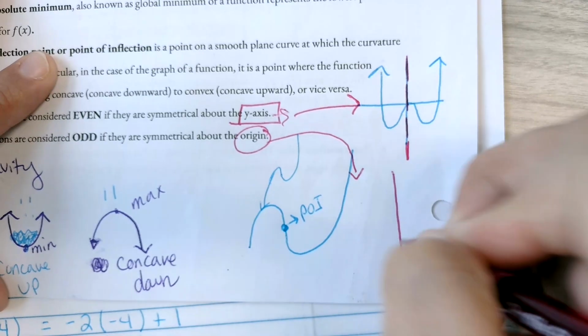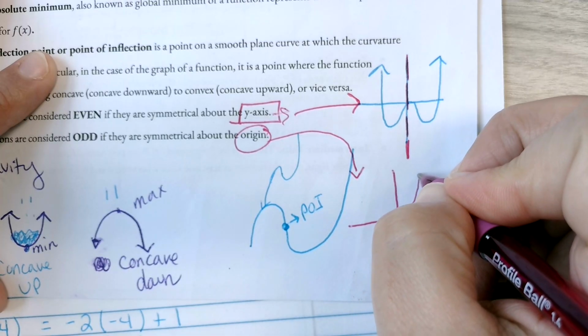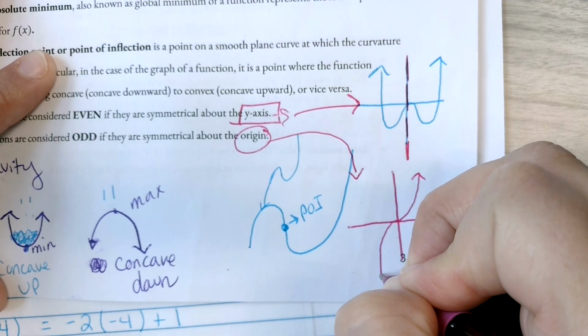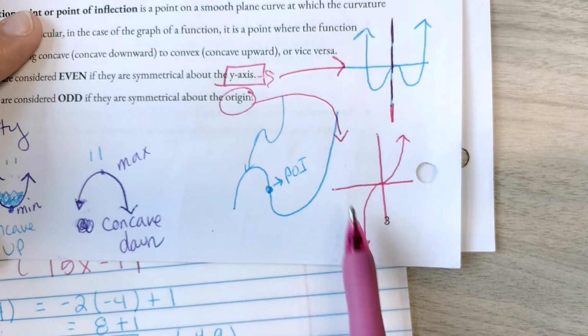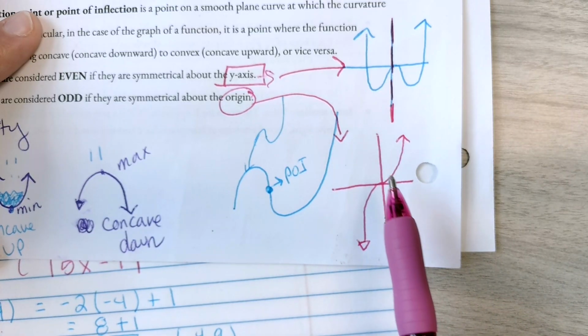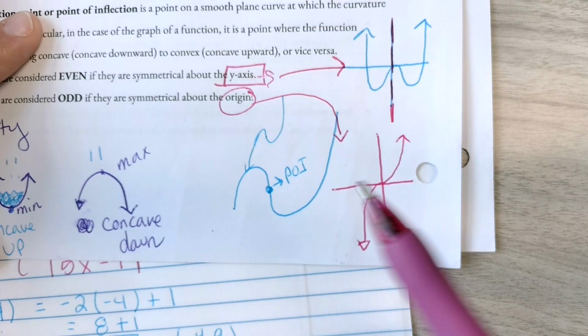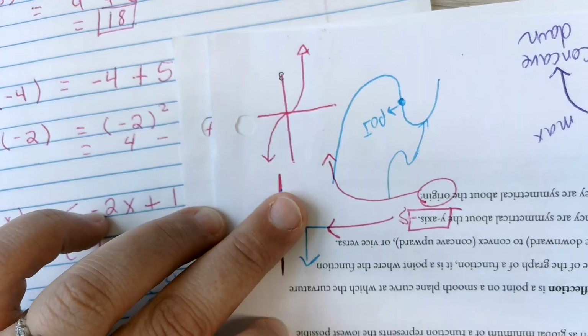But odd symmetry is going to be origin symmetry. That's usually found in odd degree functions. So for example, a cubic function is an odd degree function. It's not the same on the left and the right. If we fold it in half, this side will be over here and this side will be over here. But it is the same if I rotate the graph, and now the function looks the same even though I flipped it over.